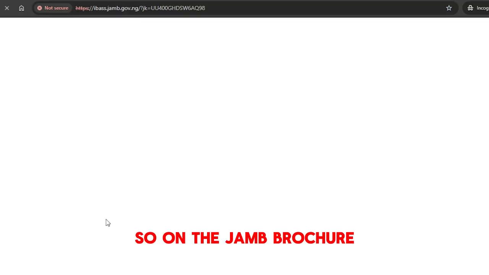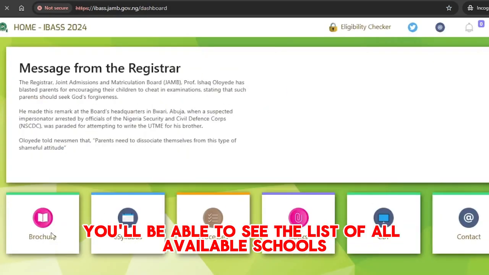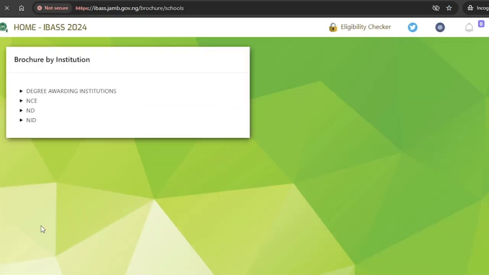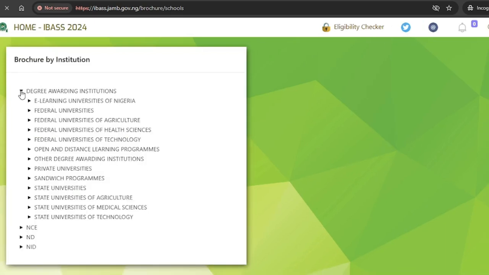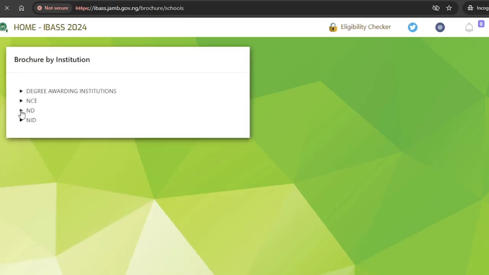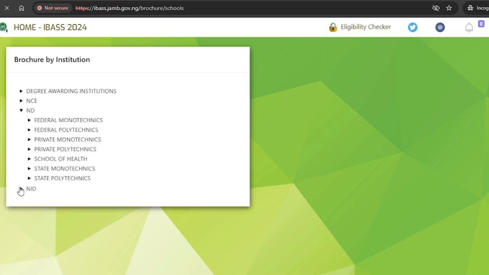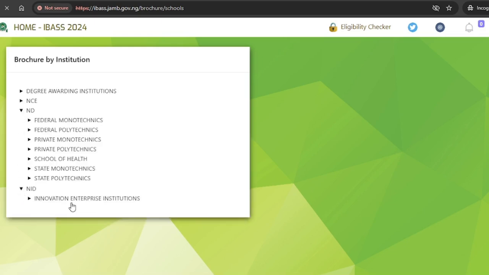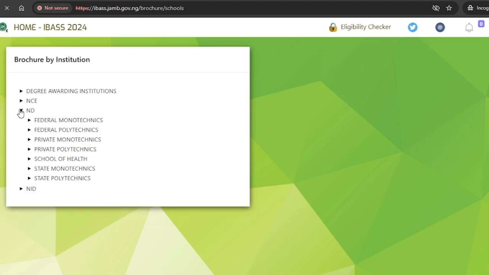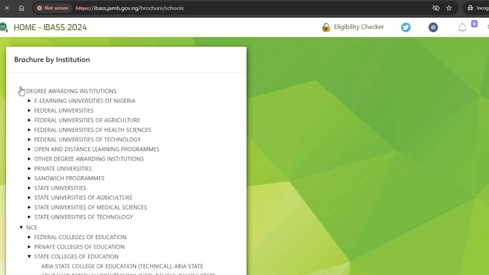On the JAMB brochure, you'll be able to see the list of all available schools. If you click on brochure here, you have degree awarded institutions, which are universities. Then we have NCE, which are Colleges of Education. We have ND, and we have NID, which is our Innovation Enterprise Institution. On the JAMB IBAS, you will be able to see the list of all available federal universities. Like I mentioned before, we have Federal University of Agriculture, Federal University of Technology, state universities, and every other institution like that.